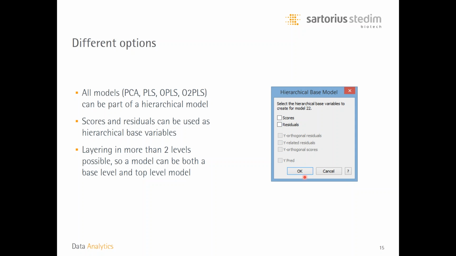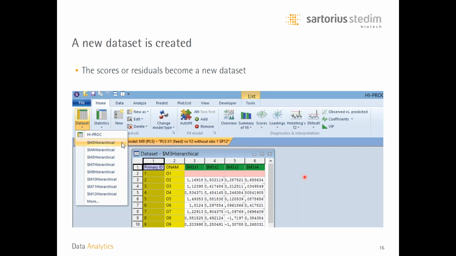So when you have selected what information you think will be part of the hierarchical model and click OK, Simca will create a new data set. And here we see an example where we have several hierarchical models underpinning new hierarchical data sets. The dollar sign is something that is generic for Simca to use when there is something constructed by the software. And this can also happen in other contexts.